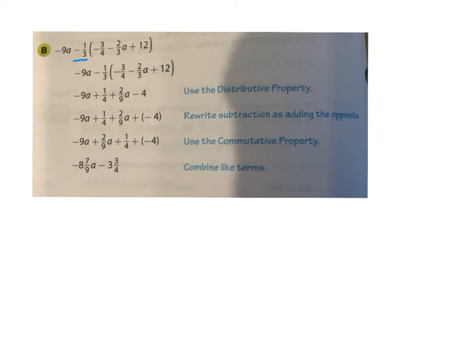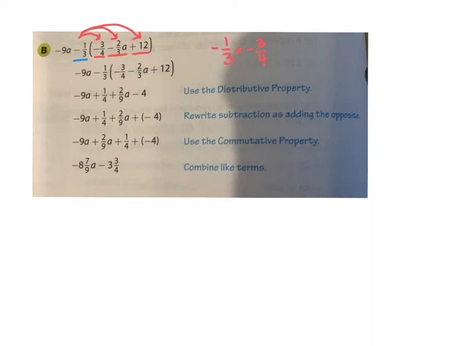And I'm going to multiply that -1/3 times every term, that one, and that one, inside of the parentheses. And again, look at these in terms of, instead of add and subtract, these are -3/4, -2/3 a, and a +12. So look at them in terms of their positive or negative, not the add or subtract.